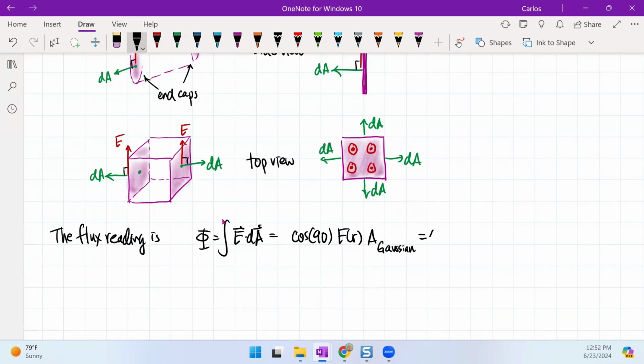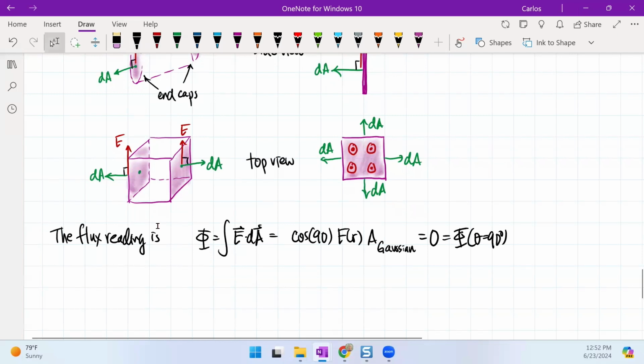And in this case, that has to be equal to 0 for the flux at theta equal to 90 degrees. So when I'm looking at this, 90 degrees is associated with this 0 right here. And so I know what the flux is. It's this guy right here.